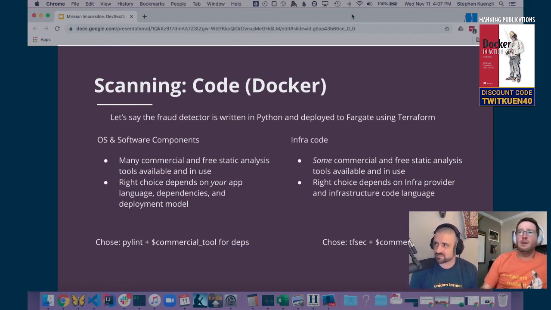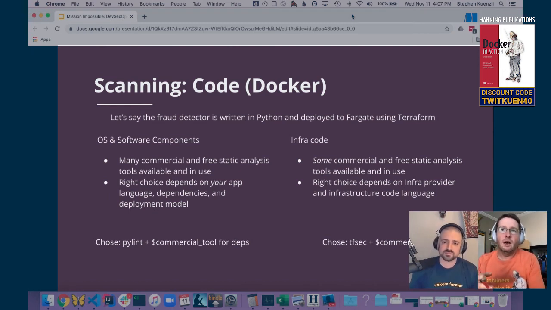We might use an open source tool focusing on the infrastructure side, like TFSec, to analyze our Terraform, and some commercial tool like Snyk or Aqua to analyze our images for vulnerabilities.